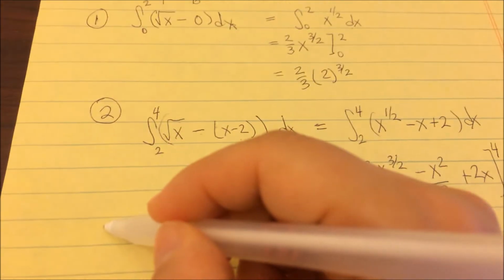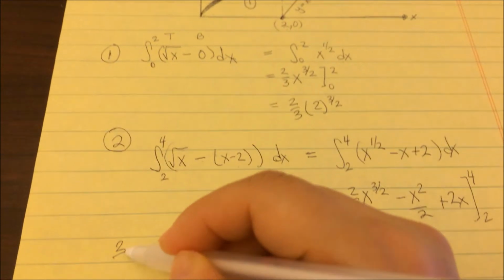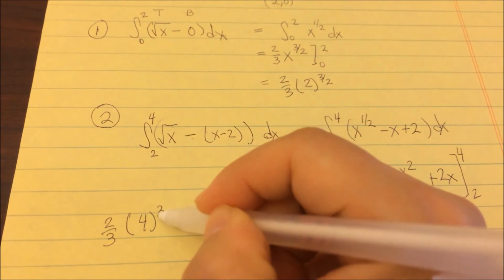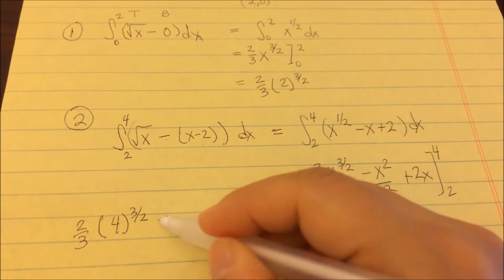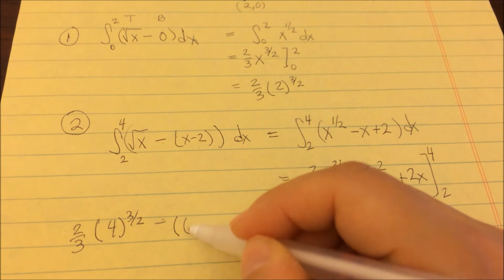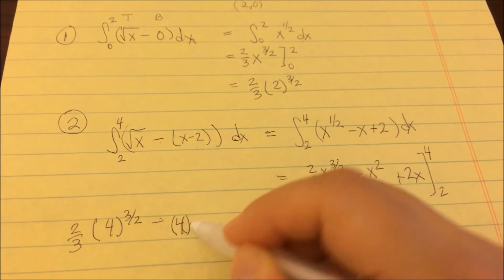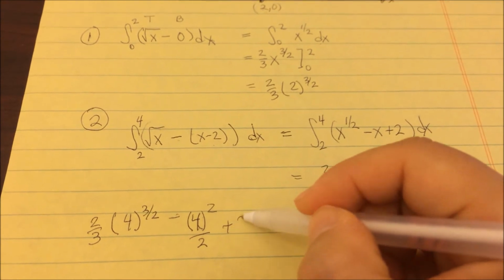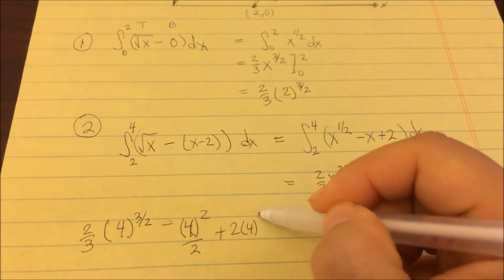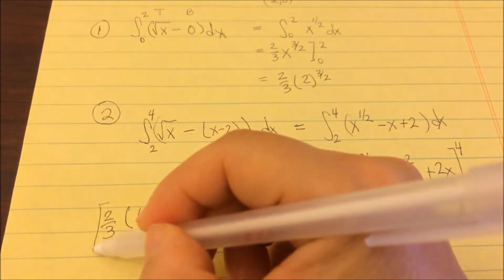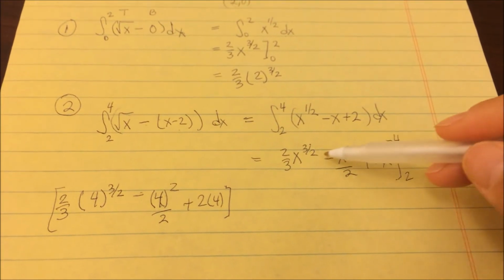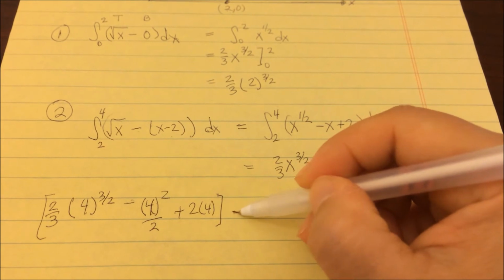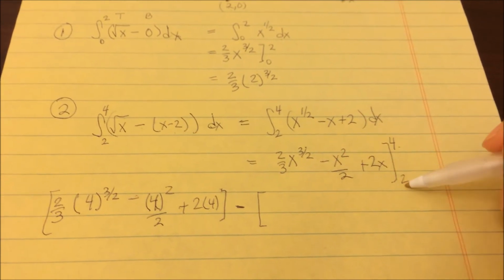So we have 2/3 times 4 to the 3/2, and then minus 4 squared over 2, plus 2 times 4. I'm going to put a little bracket just to remind myself that was all just the 4s. The substitutions for all of these x's was for the 4s. Then minus, and we do the same thing for the 2s now.